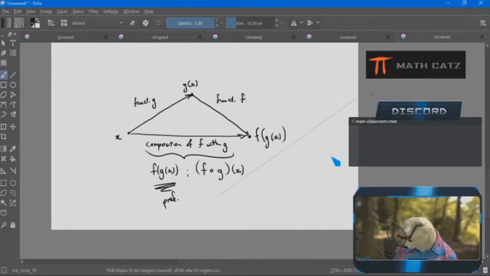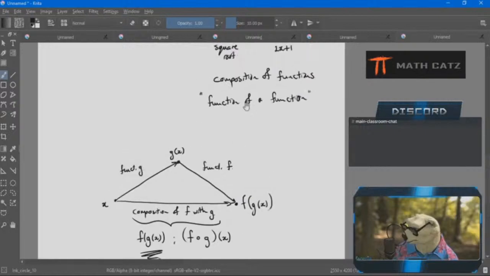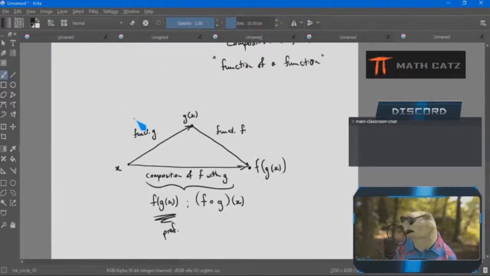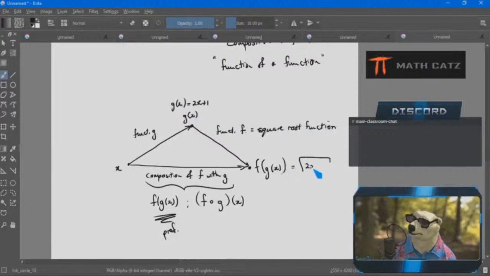So we can get the above example, which was 2x plus 1 and then the square root, by saying this one is going to be taking x to 2x plus 1, and this one is then going to be, let's say just informally, we're going to get better in a second, the square root function, which takes whatever the input is and puts a square root around it.